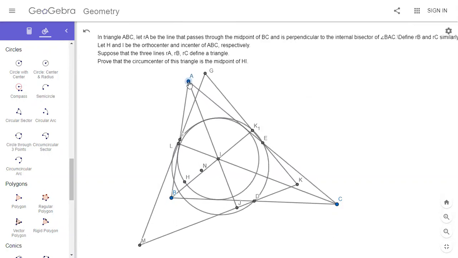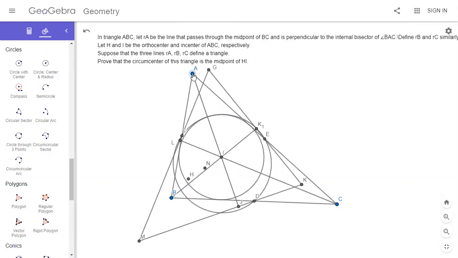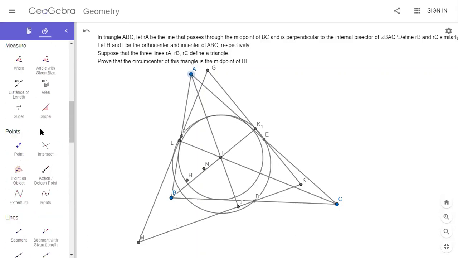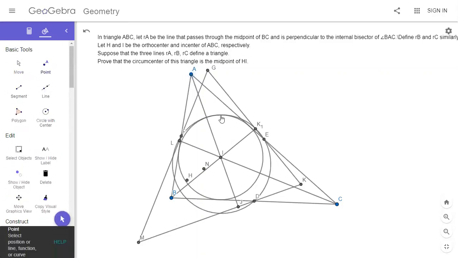Yeah, by Feuerbach's theorem, it's tangent. Yeah. I don't know how to prove it, but I just know the fact. I might do a video on my channel, but yeah, it's not that simple of a proof. So I kind of like this diagram for now.